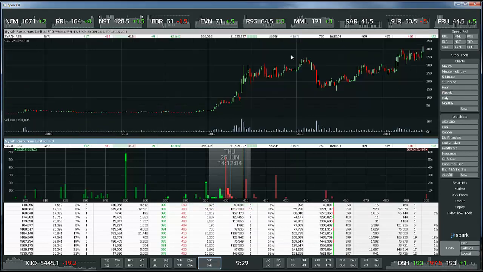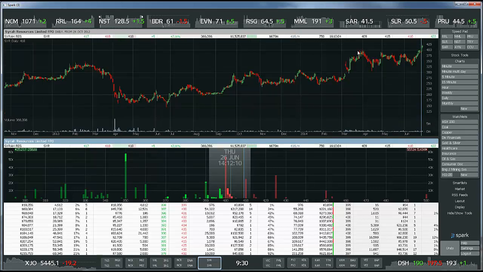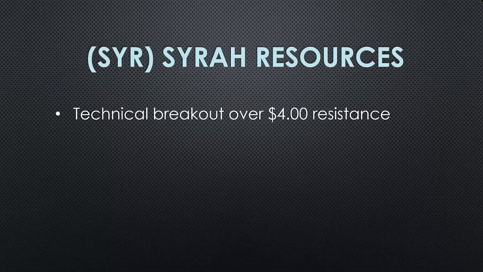If we go back to a weekly, you can see where Sierra's come from, and that's a pretty significant breakout on that $4 level. So that's one. Number two is that we've got the breakout of resistance coinciding with a big sell wall here at $4. So there's two factors which are quite strong.